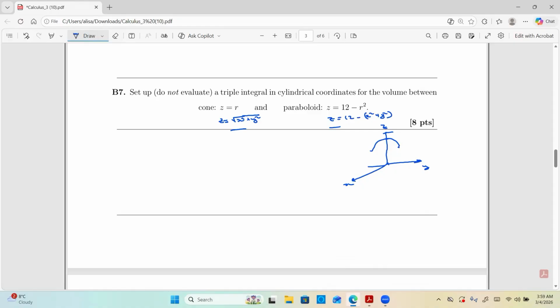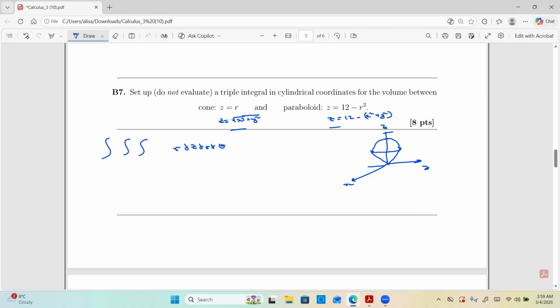But you got the point. Something like this. Again, it's an ice cream with a different geometry. Since things are given to you in cylindrical coordinates, you don't need to think too much here. We're going to use cylindrical, and it's going to be r dz dr d theta.